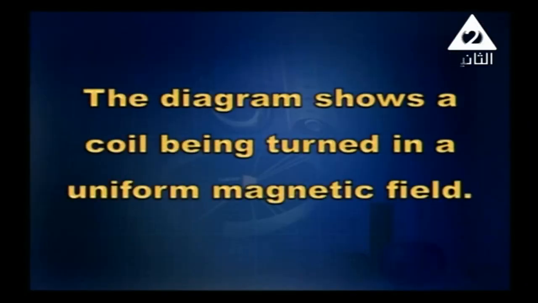And now we've got questions. The diagram shows a coil being turned in a uniform magnetic field. This is the coil.